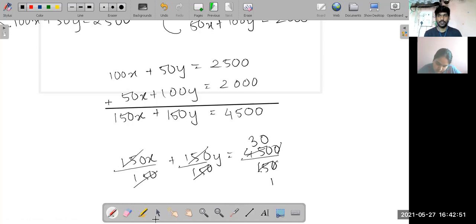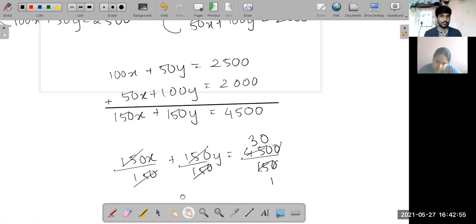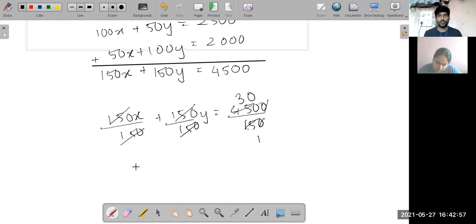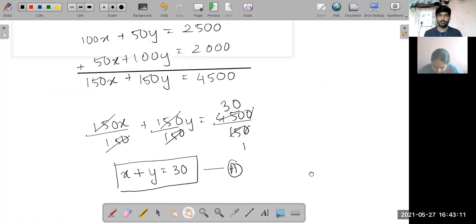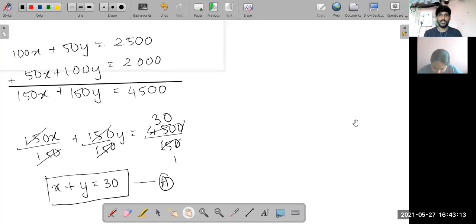And this 0 as it is. So you should have x plus y equals to 30. Number this equation, call it A, B, whatever you want. Next you have to subtract.